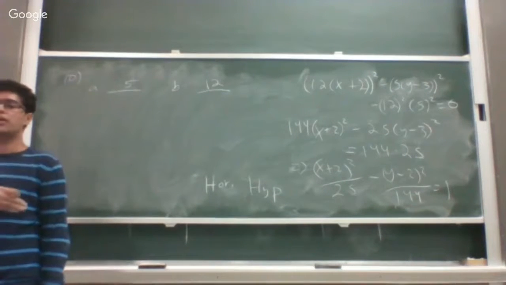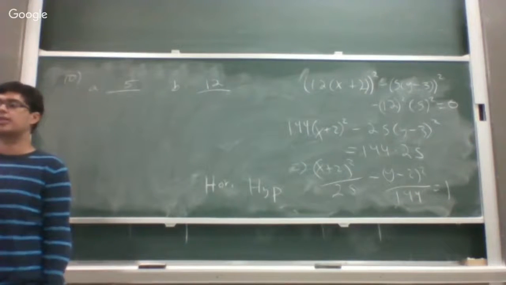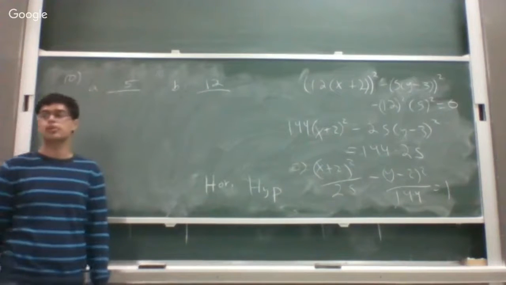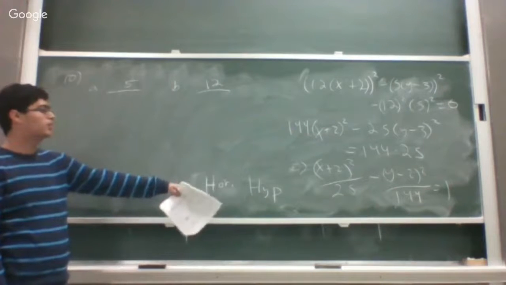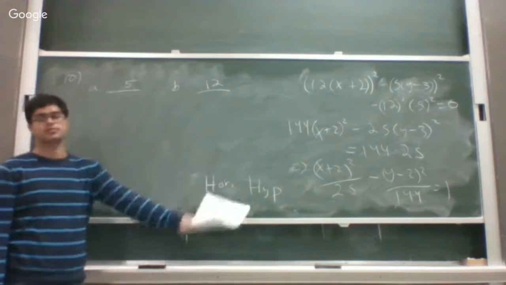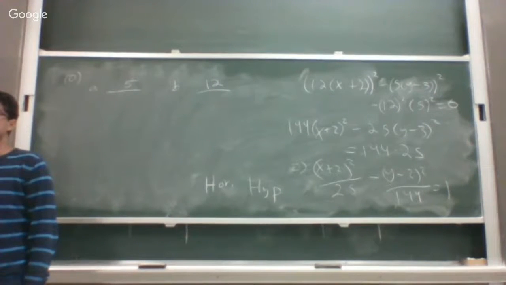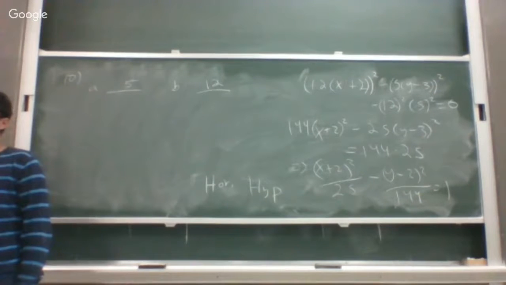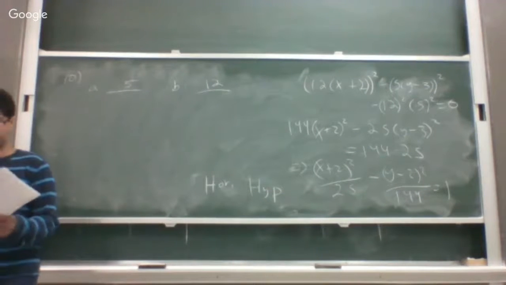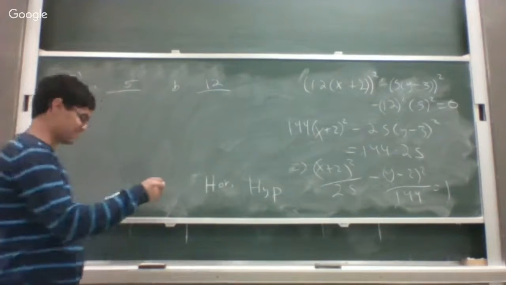But for a hyperbola, it's whichever is the positive term, so it's minus something over the B. In this problem, A is under x, so it's a horizontal hyperbola.